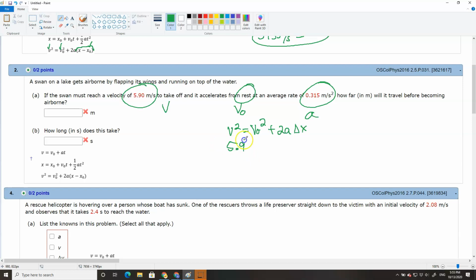That'll be 5.9 squared equals 0 squared plus 2a times... I apologize, we're actually given the acceleration. So that'll be 2 times 0.315 times delta x.